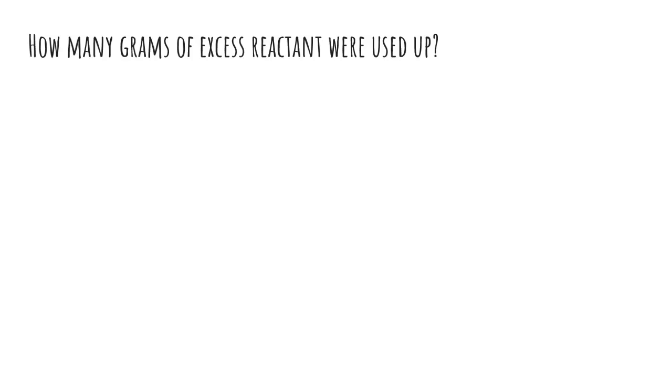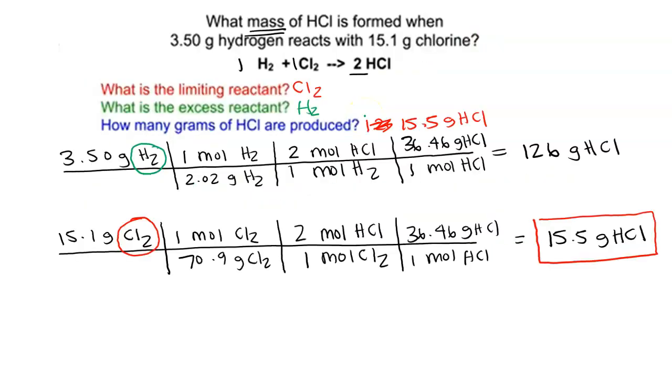Now, we can also figure out how many grams of that hydrogen were used up. We could do this in 2 ways. So we just calculated that 3.061 grams were left. If we look back at the original equation, we started with 3.5 grams of hydrogen.